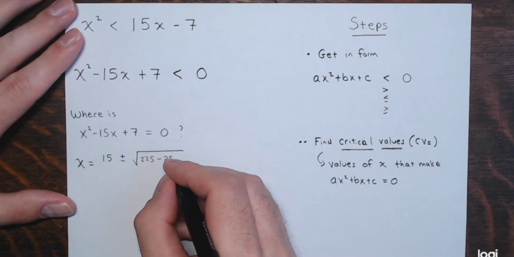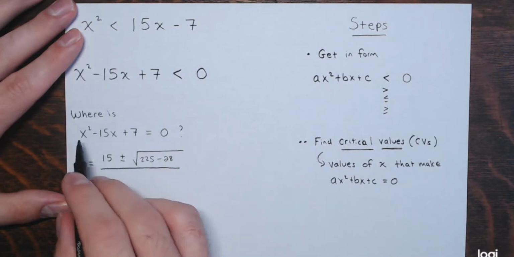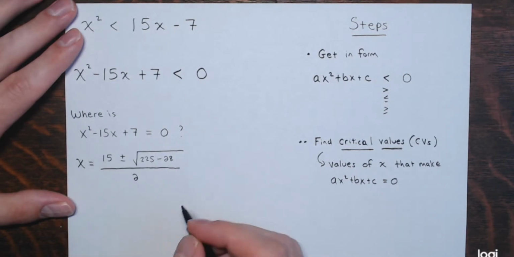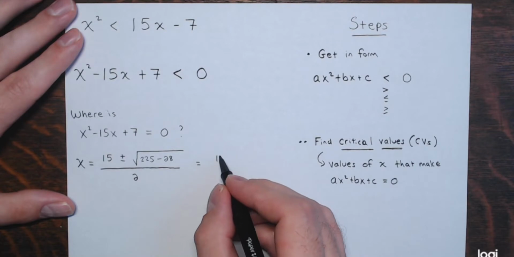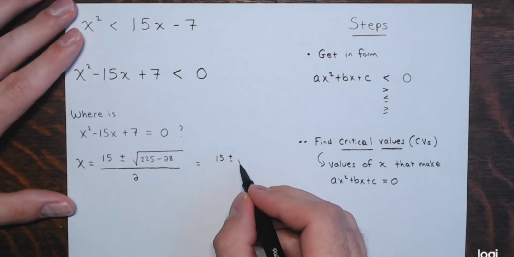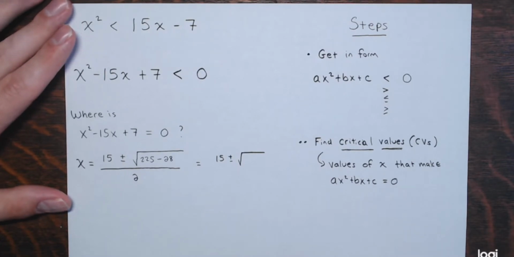Right, minus 28, and then all of this divided by 2 times a, 2 times 1, which is just 2. So we have 15, plus or minus the square root of 197. 197 is 225 minus 28.